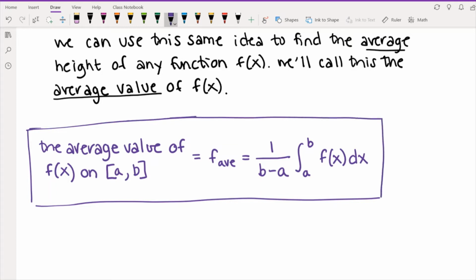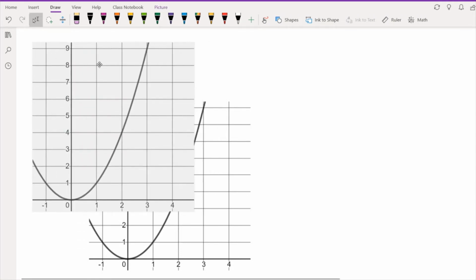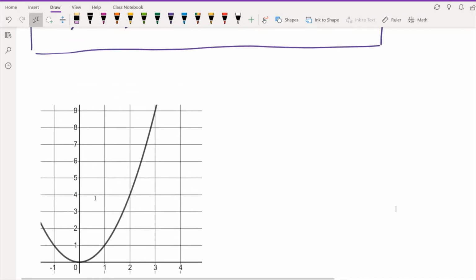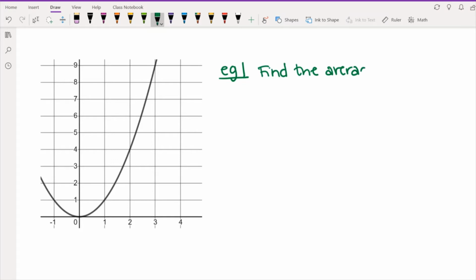Okay, so let's look at an example. We're going to start with a really simple example just because I think it's nice to illustrate visually what's going on, and then we'll get into some slightly trickier examples. Let's say that we wanted to find the average value of f of x equals x squared on the interval from 0 to 3.